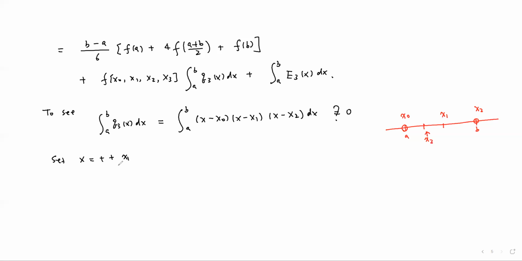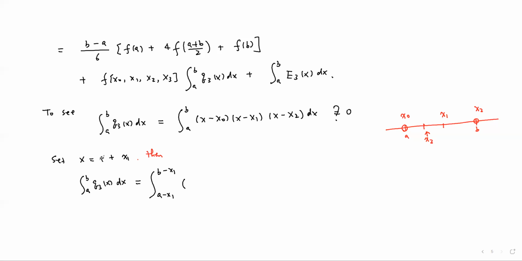Make a change of variable. The integral is equal to: when x is a, t is a minus x1; when x is b, t is b minus x1.